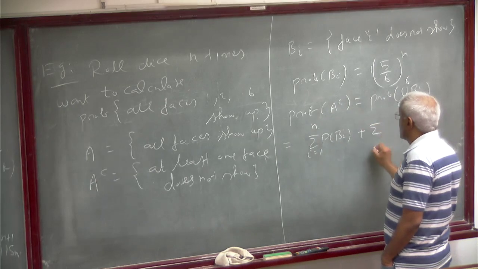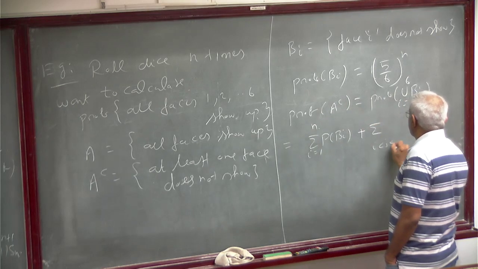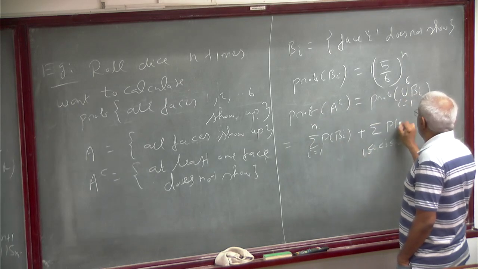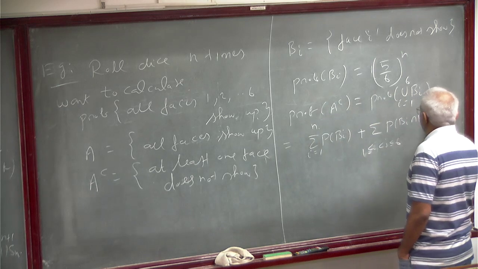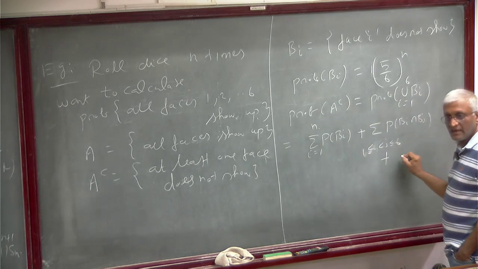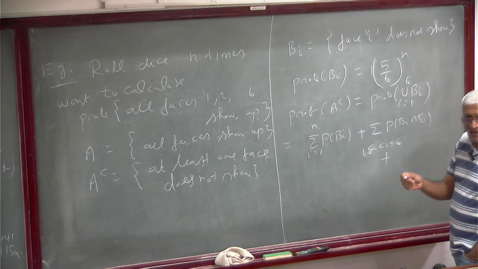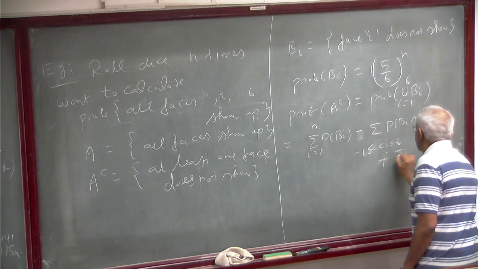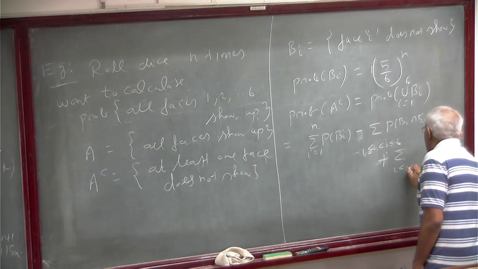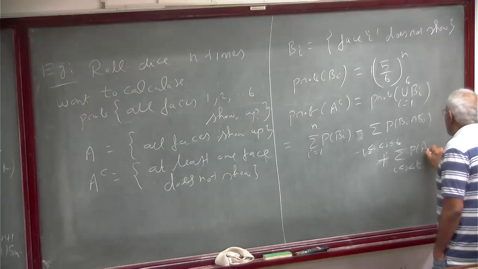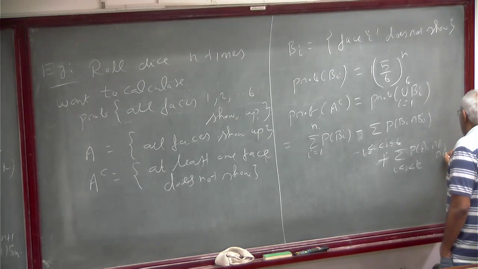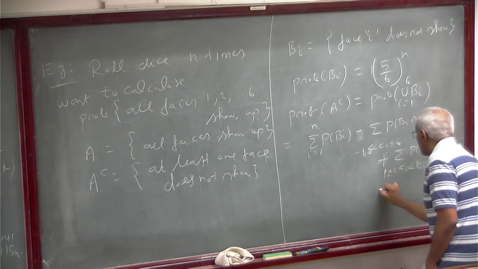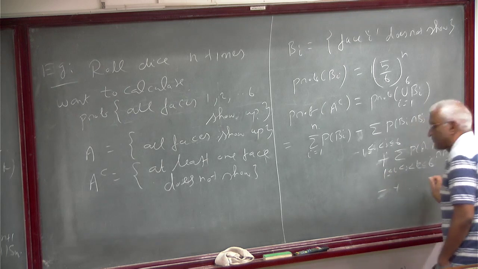Then minus the summation over i less than j, choosing 2 at a time, of P of Bi intersection Bj. Similarly, you take 3 at a time. Sorry, this is minus, this is plus. Then plus the summation over i, j, k, 3 of them, of the probability of Bi intersection Bj intersection Bk, and minus, and it goes on like that.